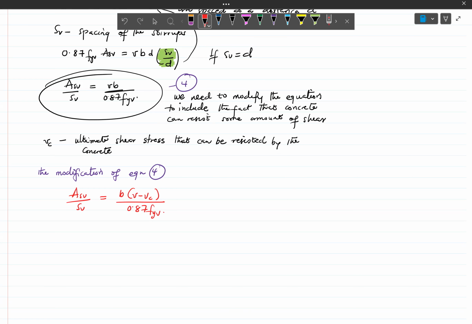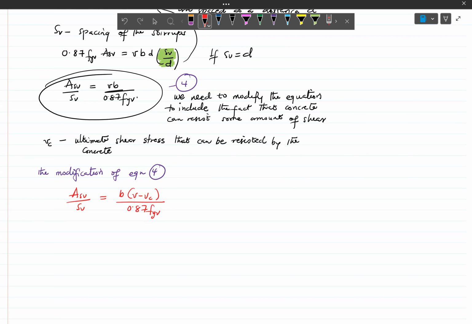All right. And this here is needed to be able to determine the area of rebar needed for the shear.